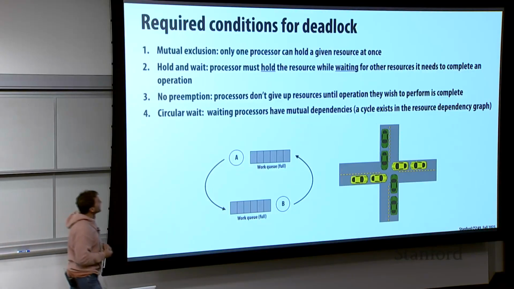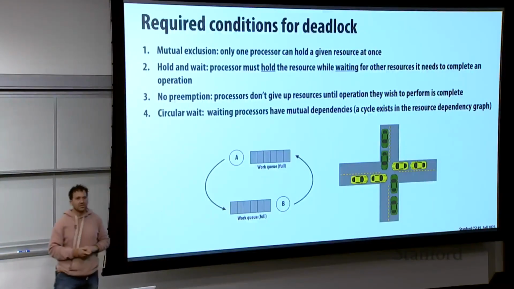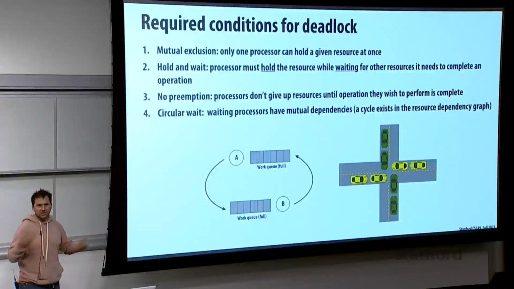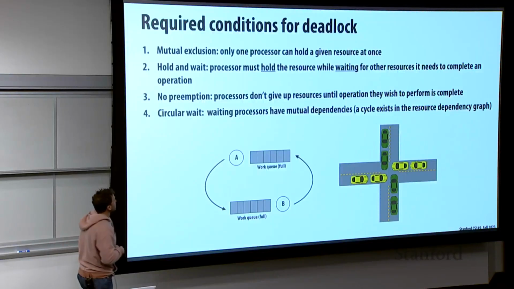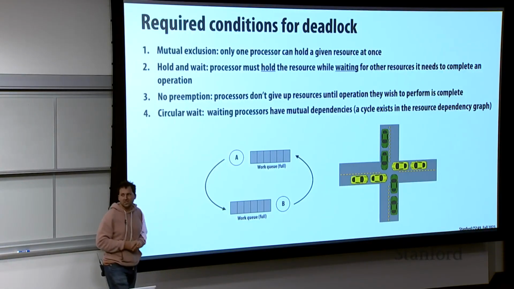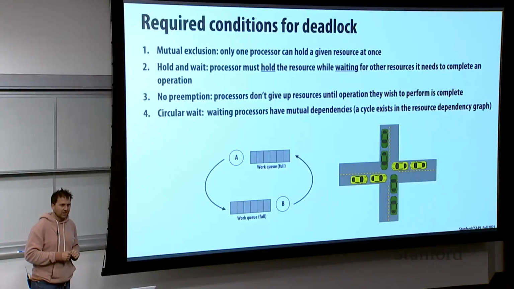Last is, 2 and 3 are kind of similar in that there's no preemption. Like if you actually could take the thread off the processor and relinquish the resources, that's basically relinquishing resources. And then the most important one is this 4th one, which is the circular set of dependencies. I'm waiting on you while you're waiting on me.